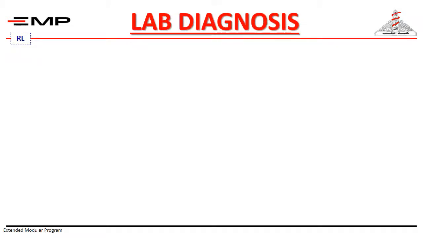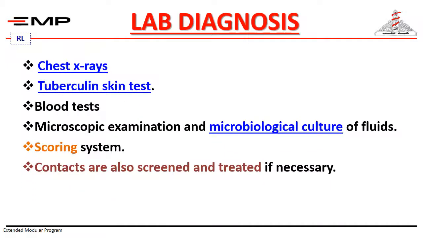So I must consider the following lab diagnosis to add to my diagnosis. I will do a chest X-ray. I will do a tuberculin test, which is very important. I will do some blood tests, microscopic examination as we mentioned before for the sputum, and microbiological culture of the fluid affected: sputum if it is pulmonary, CSF if I'm suspecting CNS, peritoneal fluid if he has peritoneal tuberculosis.